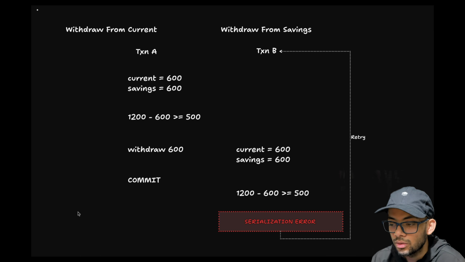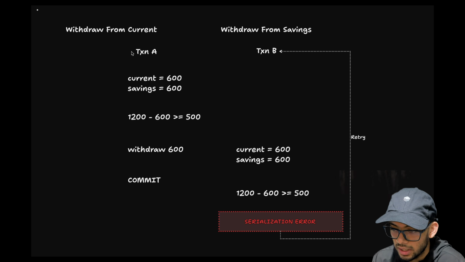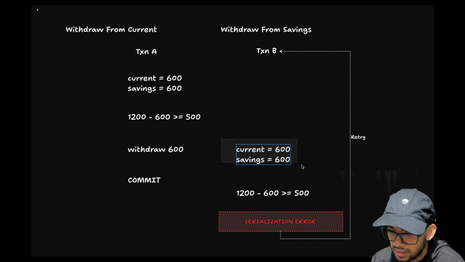Now let's look at how the serializable scope helps us with this use case. Let's say transaction A begins, reads the values, sees that the condition is passing, and then withdraws and commits. At the same time, transaction B also tries to read the values and sees that the condition is matching.